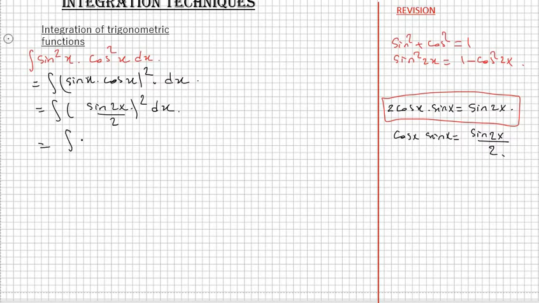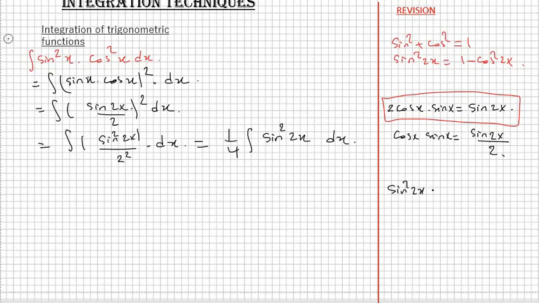So that gives the integral of sine square 2x and 2 to the power of 2 dx. 2 to the power of 2 gives 4. So we have 1 over 4 which can go outside the integral, and then we have to integrate sine square of 2x dx. So again I can still apply the identity law for sine square of 2x.